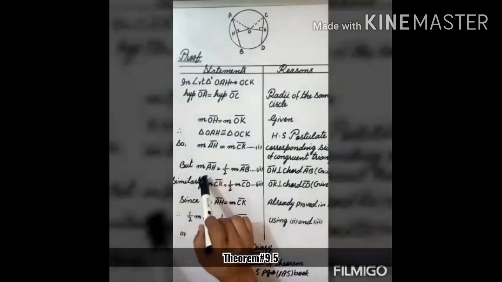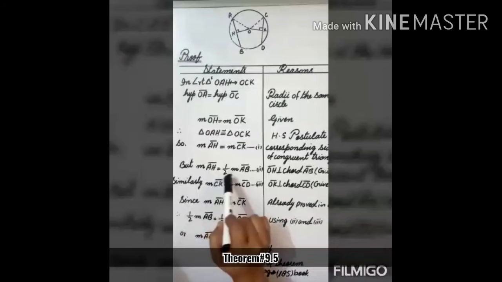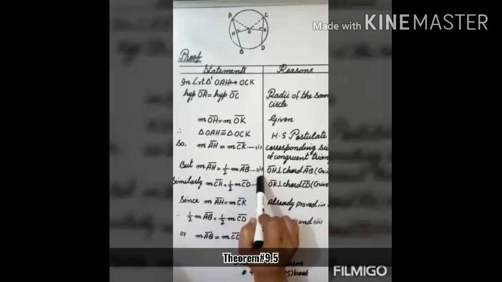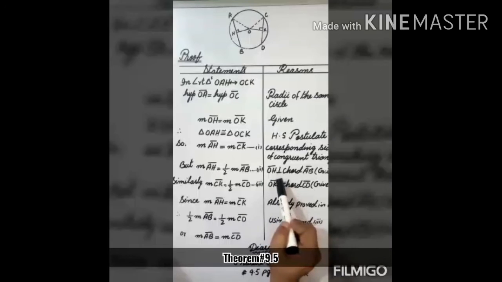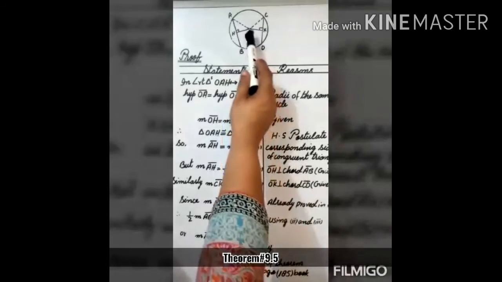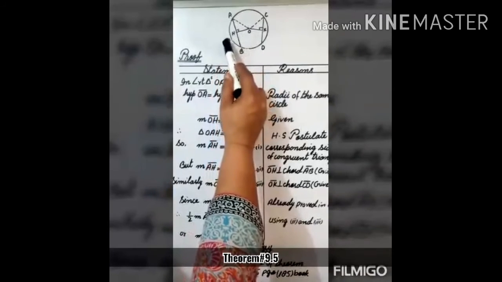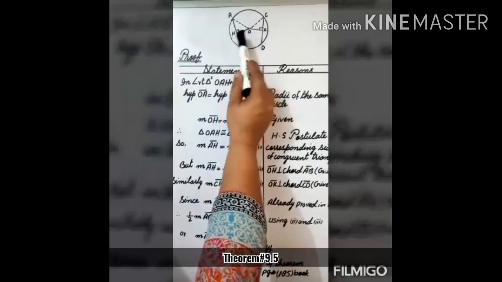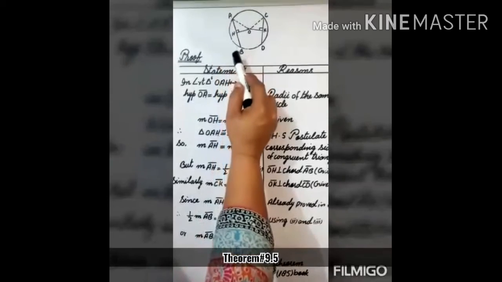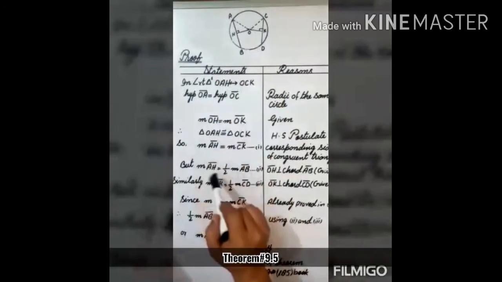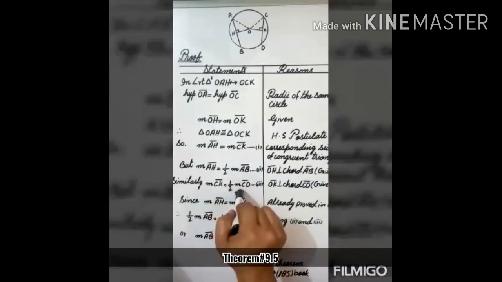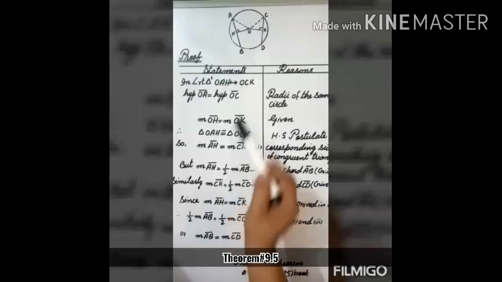But measurement AH is equal to half of measurement AB. This is equation number 2. In reason they are saying that OH is perpendicular to the chord AB, which is in the given. OH divides the chord AB into two equal parts, then we can say that OH is perpendicular to the chord AB. Similarly, measurement CK is equal to half of measurement CD.